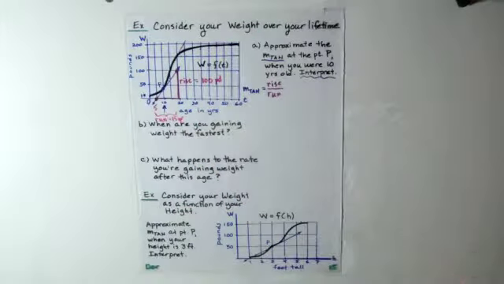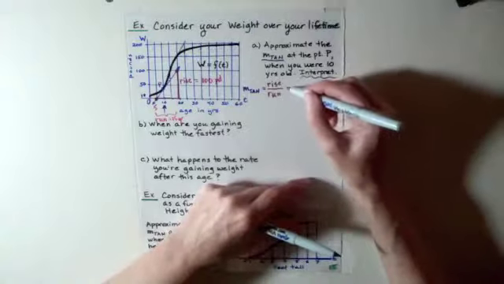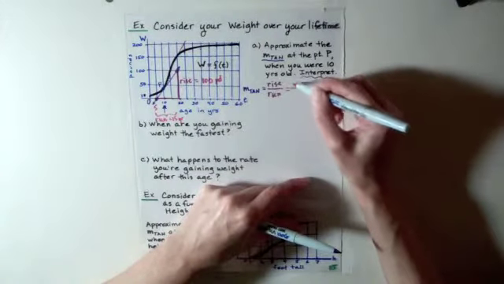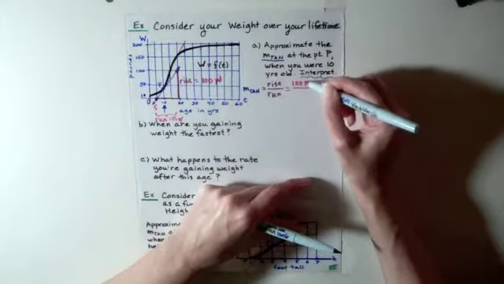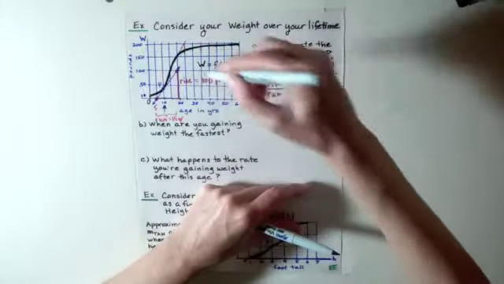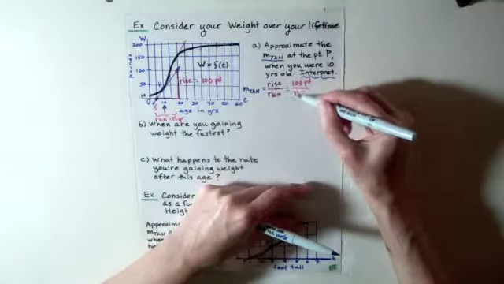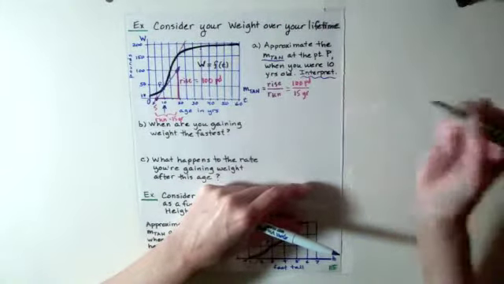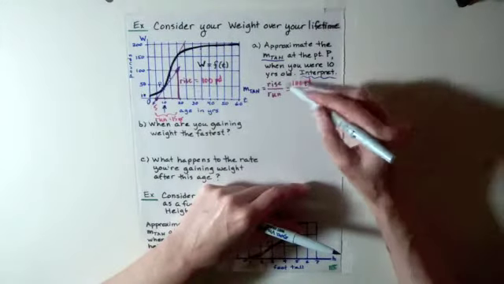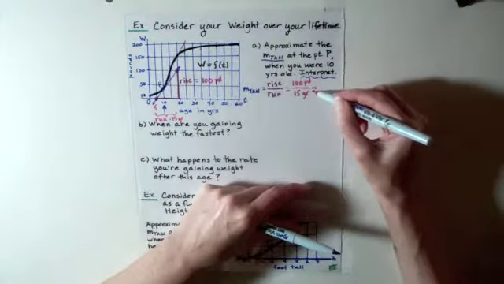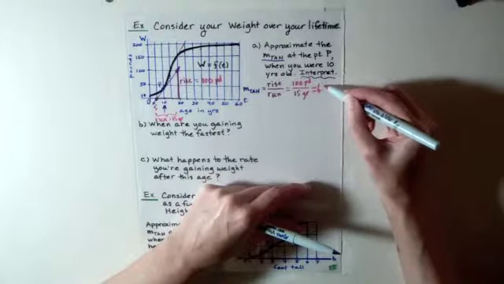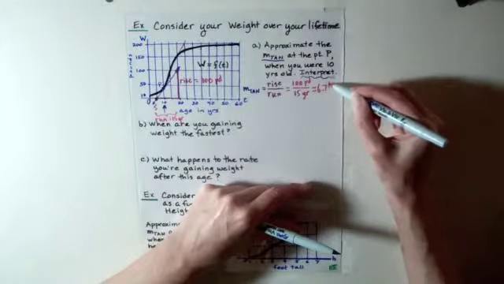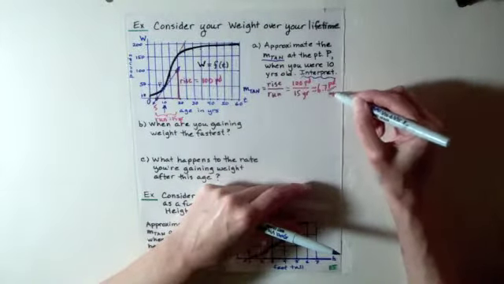So that's the change in time. So the rise here would be 100 on the pound scale, and the run of my purple tangent line is 15 years on the time scale. If you want to plug that into a calculator, that's approximately 6.7 pounds per year.